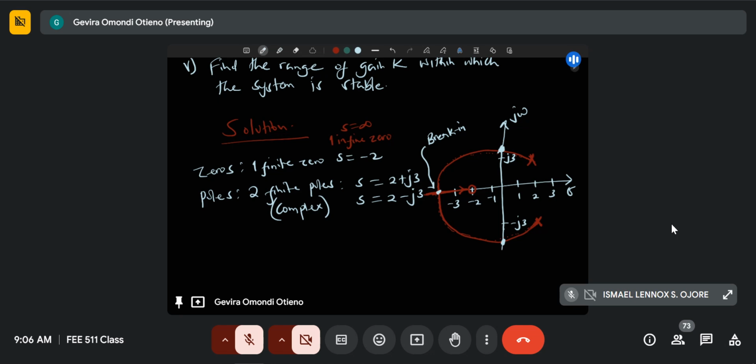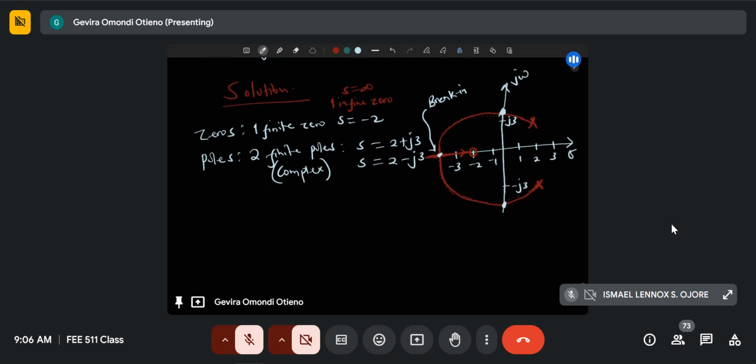So if you want to know the number of branches, it's usually the number of poles. In our case here, you can see we have how many poles? Two poles. So typically, you're going to have two branches. Now, the best way to illustrate this, and thank you for this question and for reminding me.